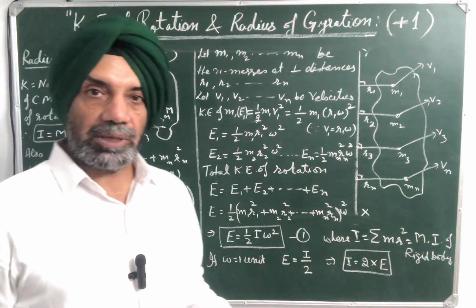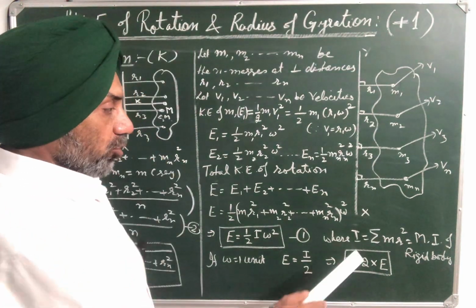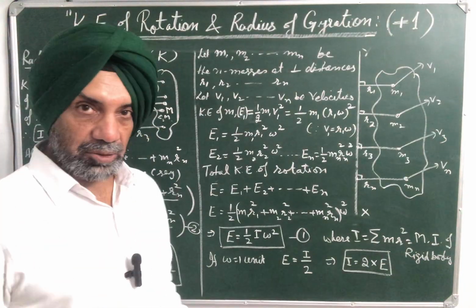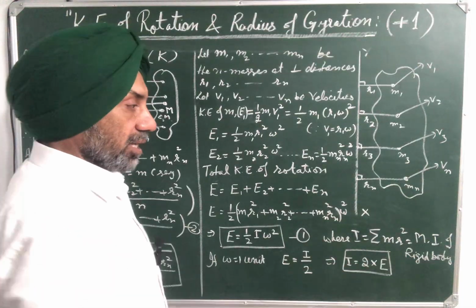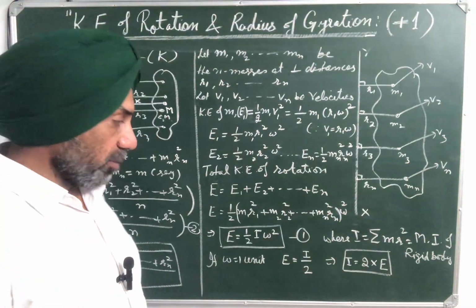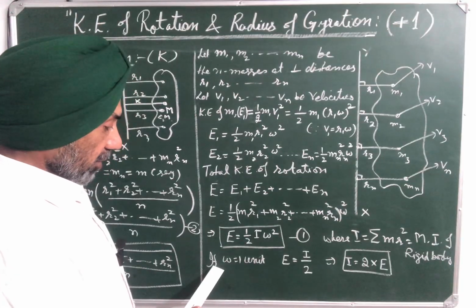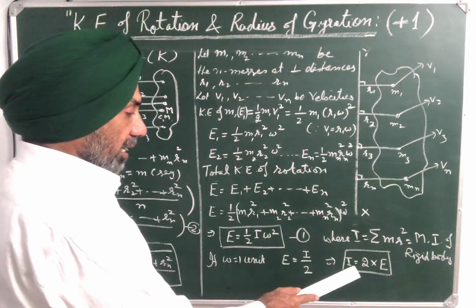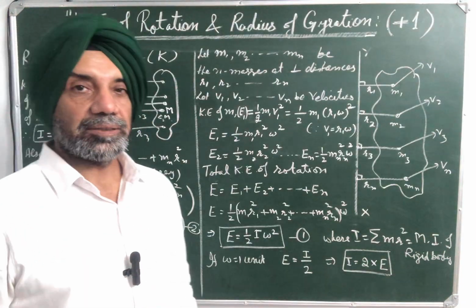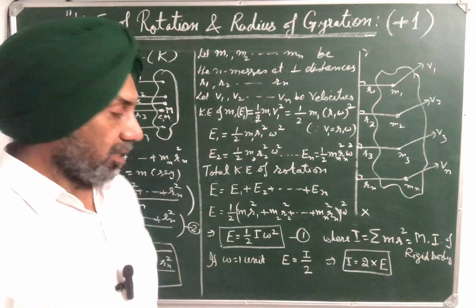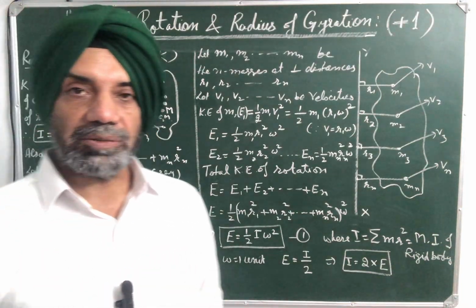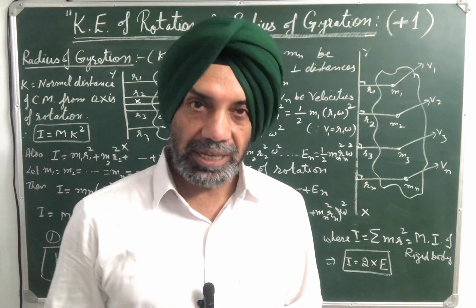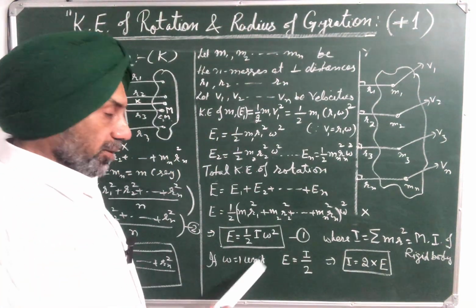Just like inertia of the body in translatory motion, in rotatory motion we take I as the moment of inertia, which depends upon mass also. So I is equal to summation m r square is the moment of inertia of the rigid body. So if omega is equal to 1 unit, E will be equal to I by 2, or I is equal to 2 into E. This shows that moment of inertia of the rigid body is equal to twice its kinetic energy of rotation when angular velocity is unity.